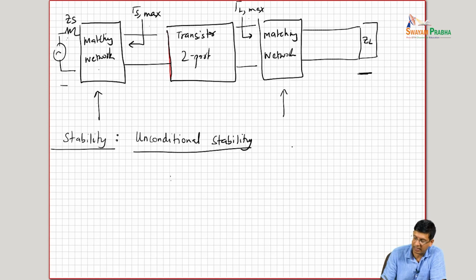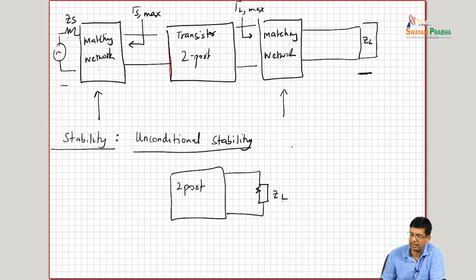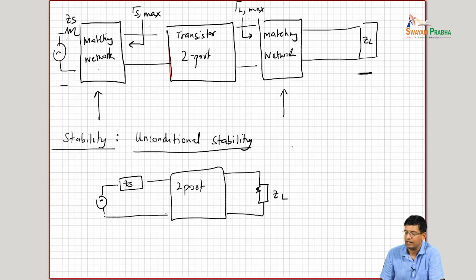Unconditional stability basically says that no matter what load, so I have this 2-port over here, no matter what load you connect here, and no matter what source impedance you drive the port with, there is no scenario under which you create an unstable situation.